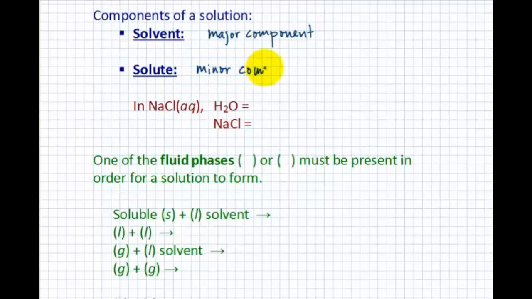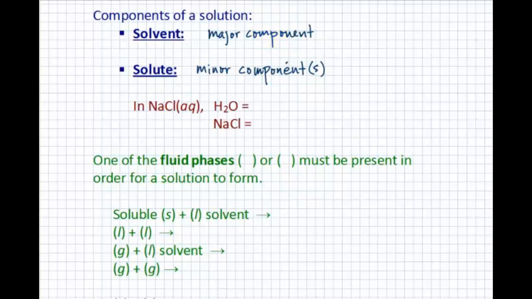There can be more than one solute. There can be several things dissolved in the solution, but there's always only one solvent. So, for example, just regular tap water, H2O, is the solvent, but there are lots of solutes. There are a lot of ions floating around. There's some dissolved oxygen. There's fluoride, if your water system puts that in it, and so on.